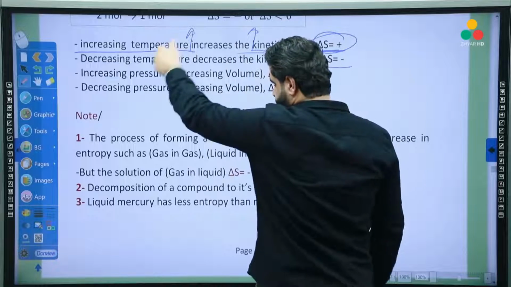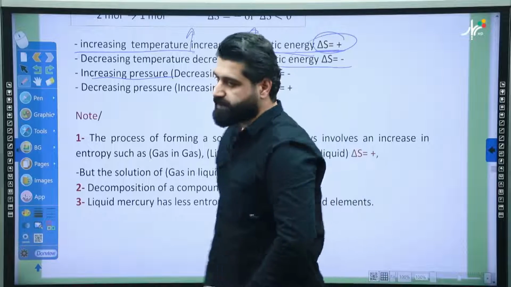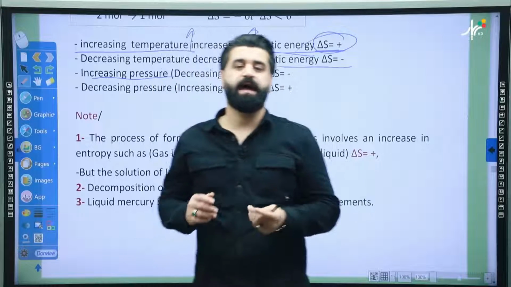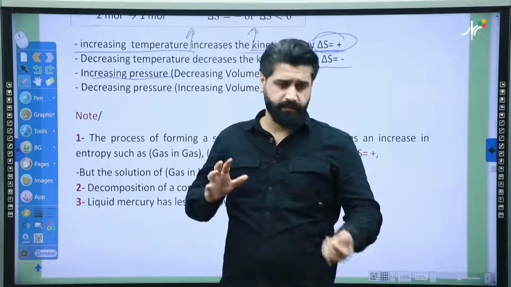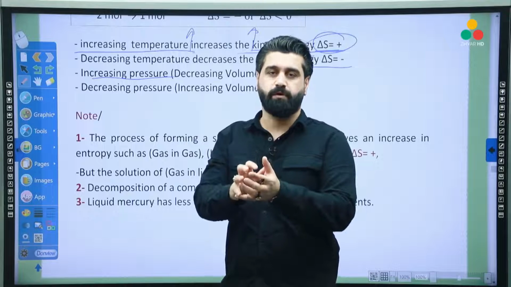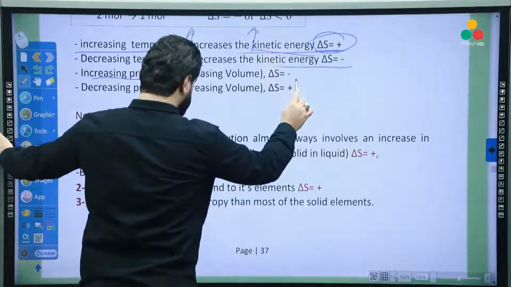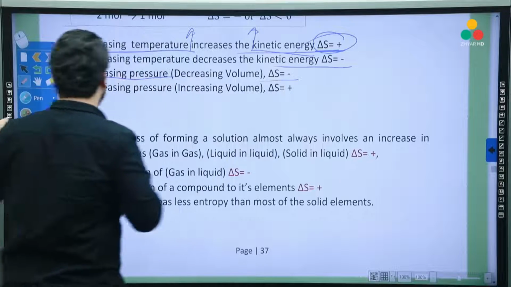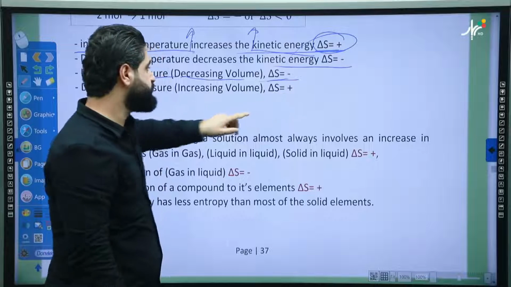That means vice versa. What about pressure? Increasing pressure. Pressure has an inverse proportion with volume. As much as you increase pressure, the volume decreases, so the entropy will decrease. Increasing pressure decreases volume and entropy decreases.